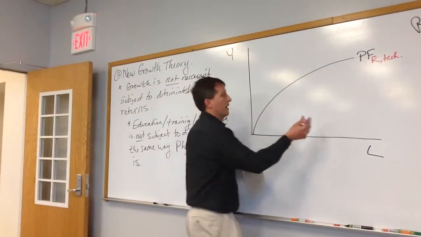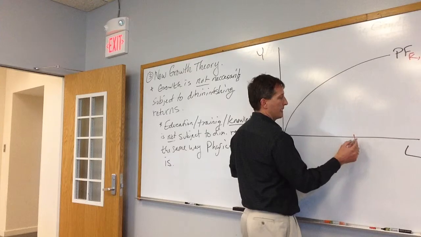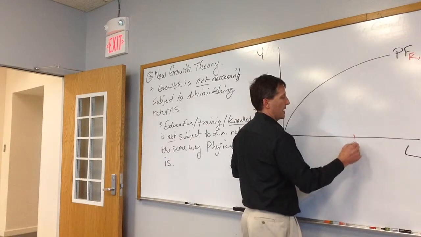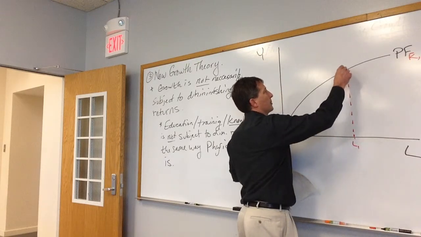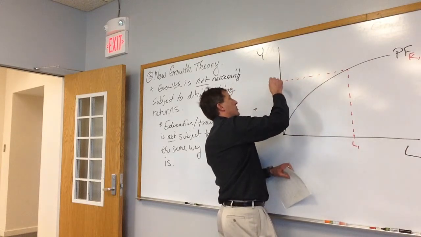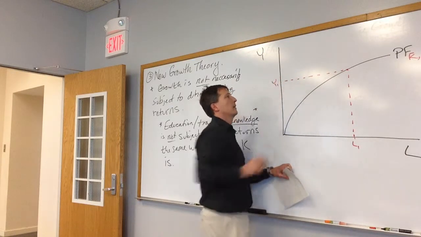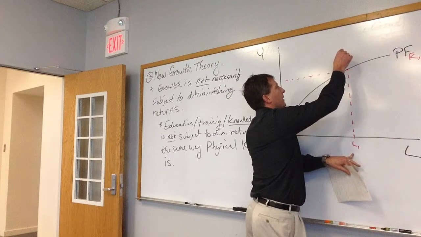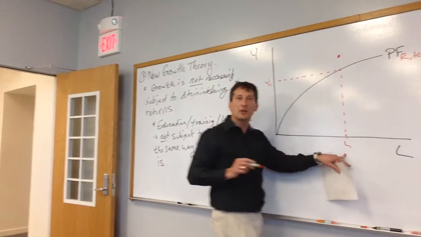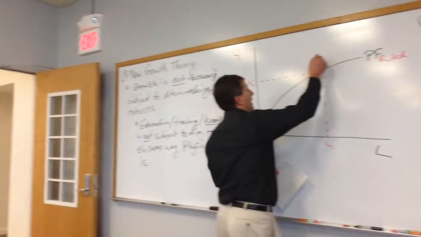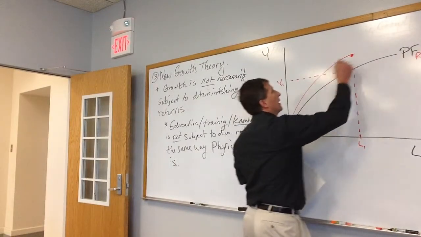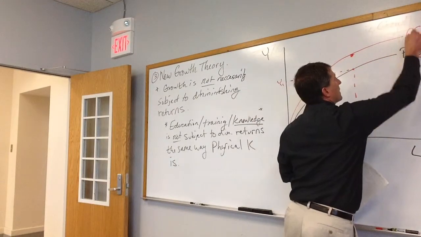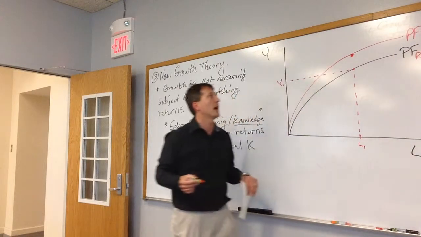So we can think about this many units of labor, L1, used to produce this much GDP. Now that we have this new wham bam awesome way of doing it, we can get that much. So technology ends up shifting the production function up.